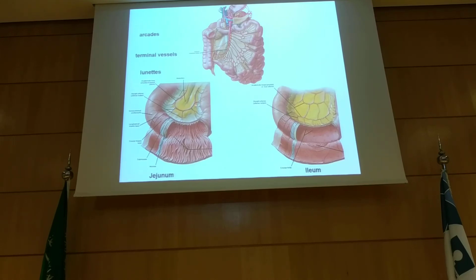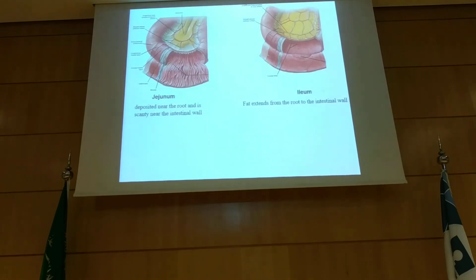The space between these arches or arcades is called the lunates. So in the area of the duodenum, we have lesser arcades and long terminal vessels. As we go down, we will have more arcades and short terminal vessels. Okay, so this is number 2.